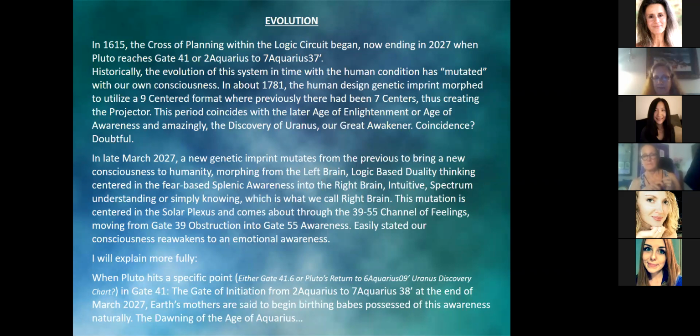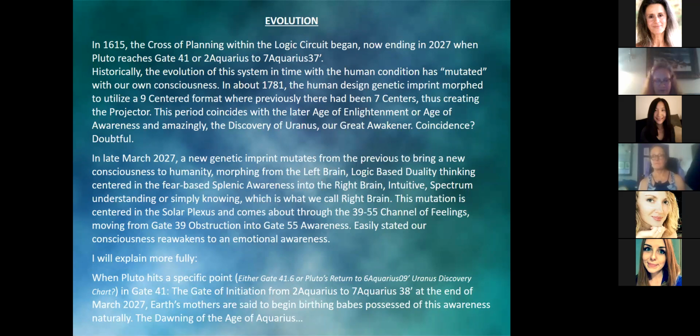When it hits that point in gate 41, the gate of initiation, Aquarius, Earth's mothers, the mothers of Earth, will be giving birth to children or babies who possess this awareness, this capability of using that right brain totally, and that will be the dawning of the age of Aquarius, I would say. So that's what I have, and I think it's been really cool to hear what Wei has to say about how this all affects her life.